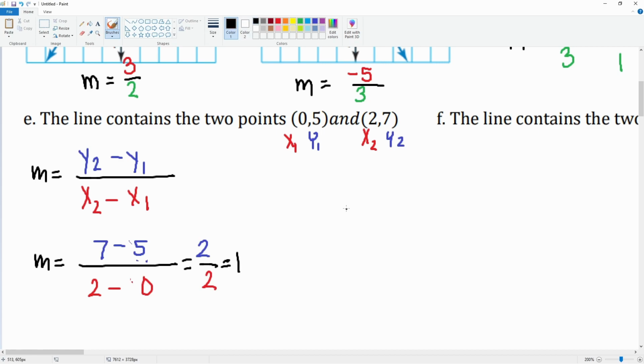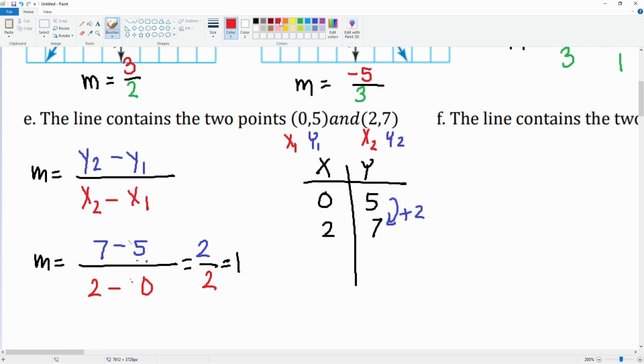Okay, now there's another way, easier way to do this, because I know some of you like the chart method. So let me make the chart for you. Okay, x and y. Okay, so this is 0, 5, and this is 2, 7. Okay, look, how do you go from 5 to 7? Well, this is what? +2. How do you go from 0 to 2?